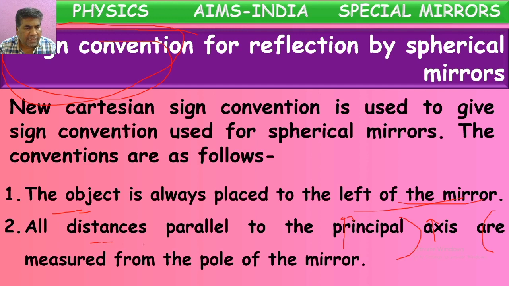All distances parallel to the principal axis are measured from the pole. So I have taken a mirror and this is the object here. I want to measure the object distance. From where do I have to measure? From the pole. All distances are to be measured from the pole.